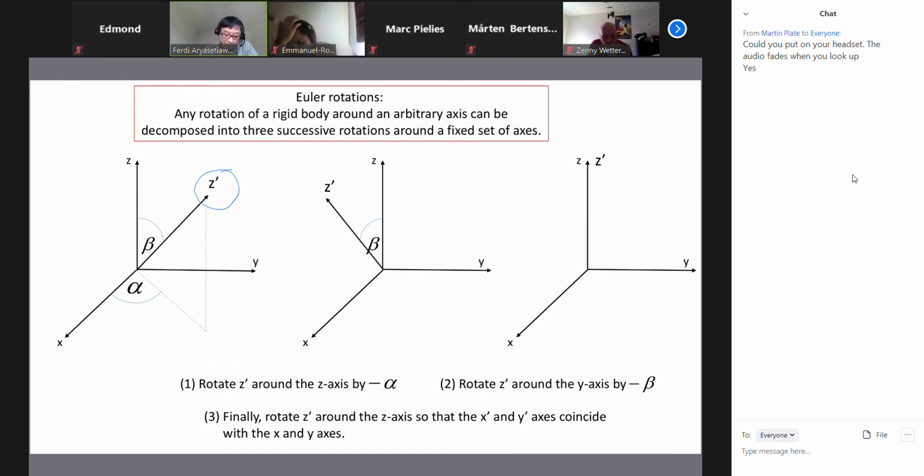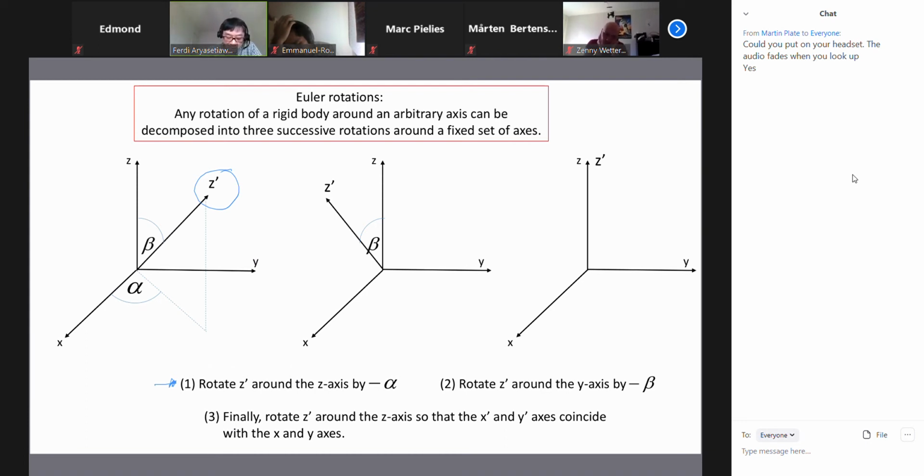To do this, let's first try to realign the z prime to the original z axis. First we rotate the z prime around the z-axis by minus alpha. Minus here means clockwise.